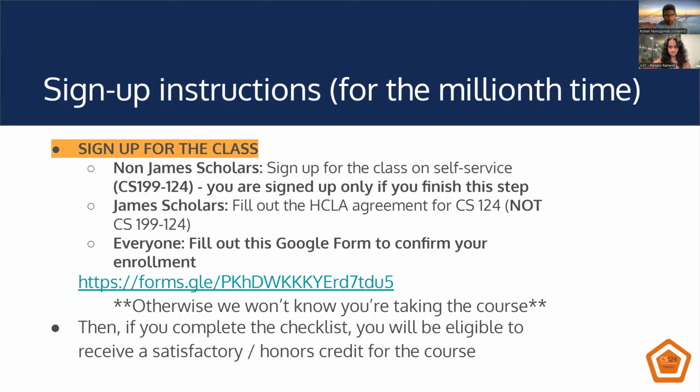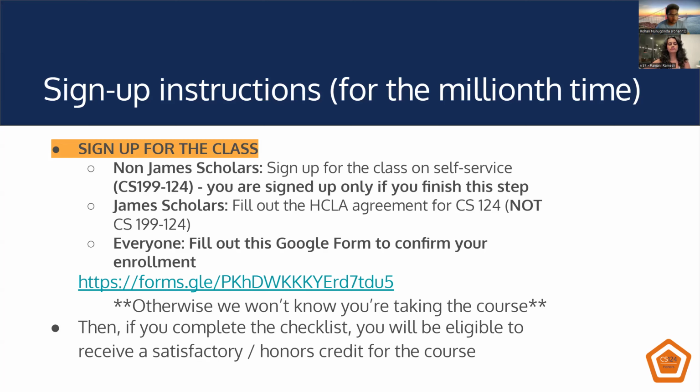So just to reiterate, if you're a non-James scholar student, make sure that you sign up for the class on self-service, and you want to sign up for CS124. The name of this course on self-service will be Supplementary Projects for CS124. Again, the course name is CS124. Once you're able to add this course on self-service and you see it listed on your schedule, you know you are signed up for the course.